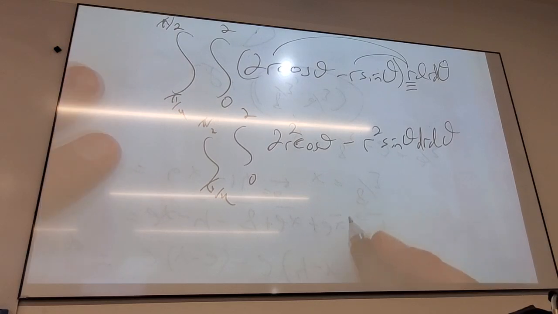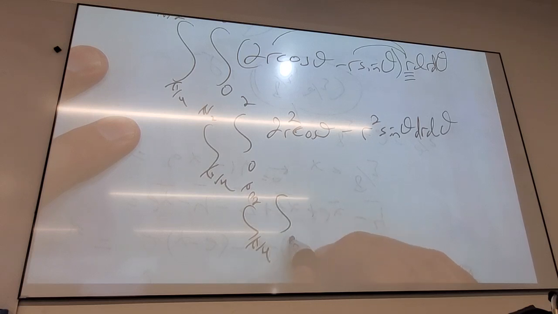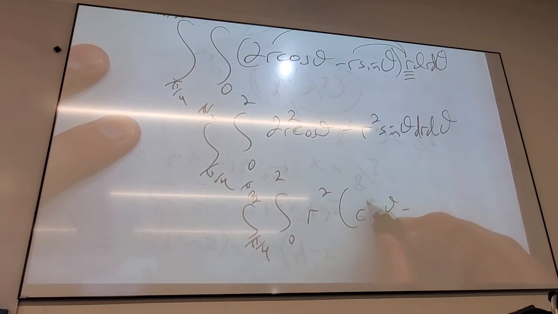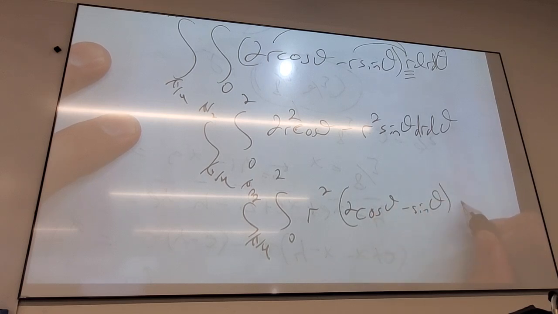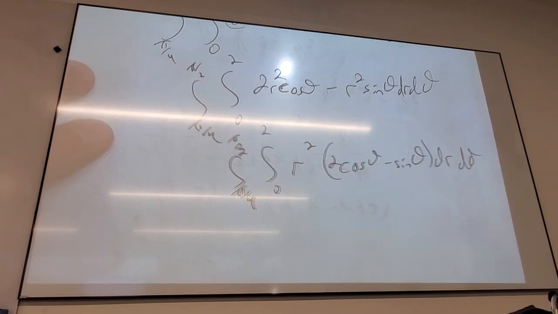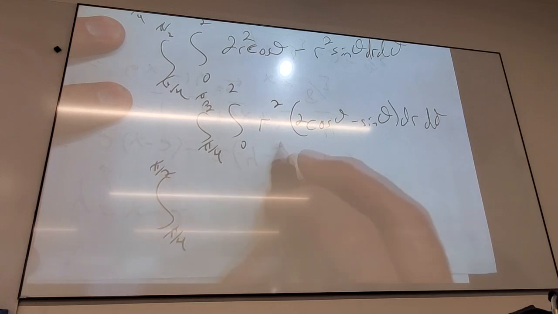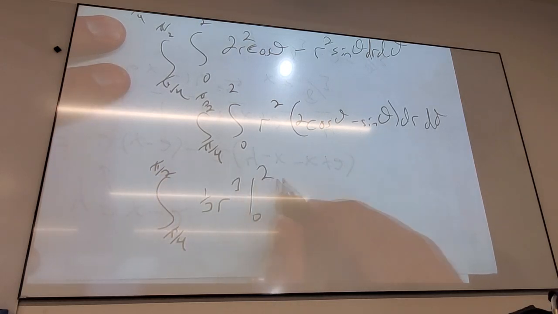One thing I can do for myself is pull that R squared out of here, so I can focus on it. And what is the integral of R squared? It'll be 1/3 R cubed from 0 to 2.